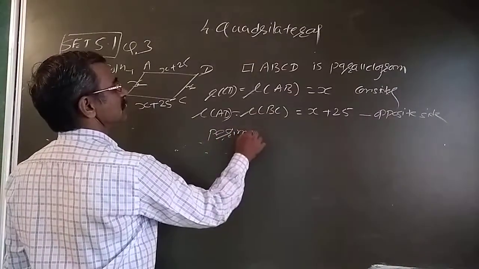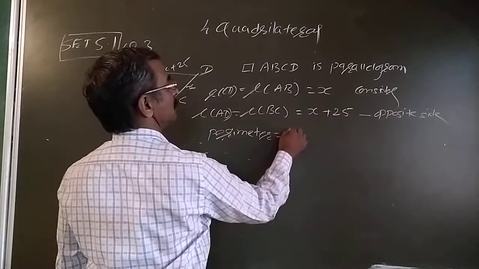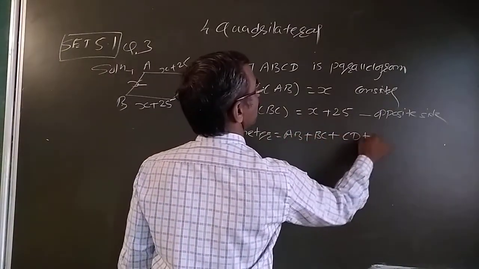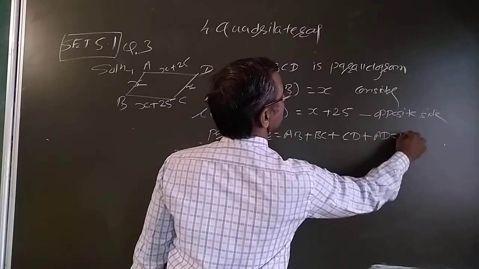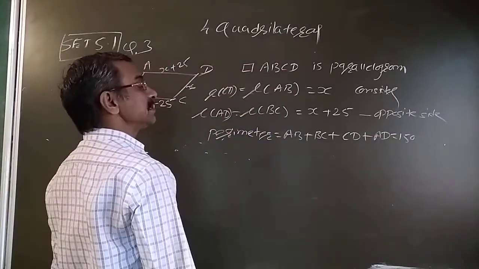Then the perimeter of a parallelogram is 150. Perimeter means the sum of all sides. AB plus BC plus CD plus AD is equal to 150 centimeter.